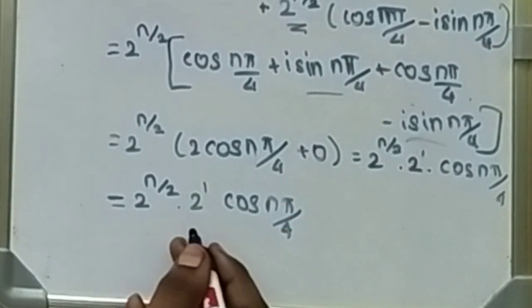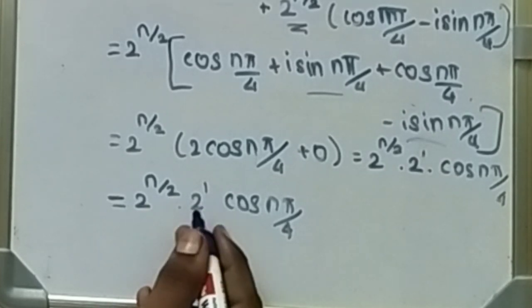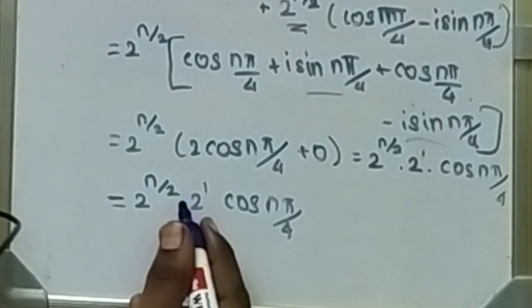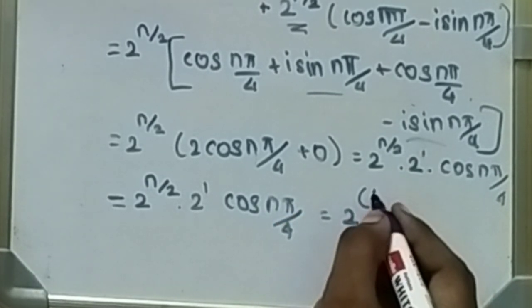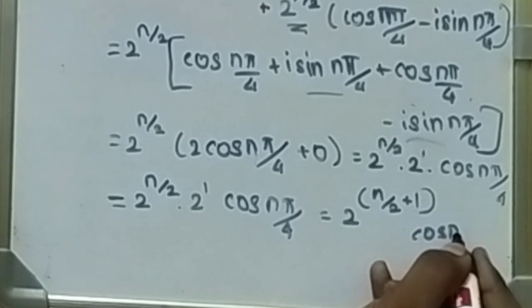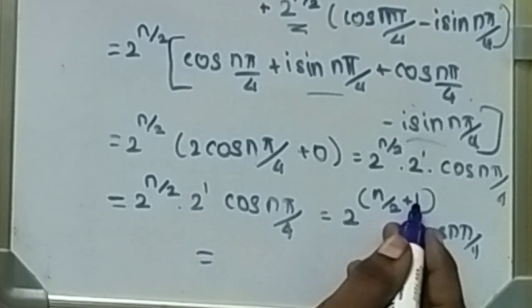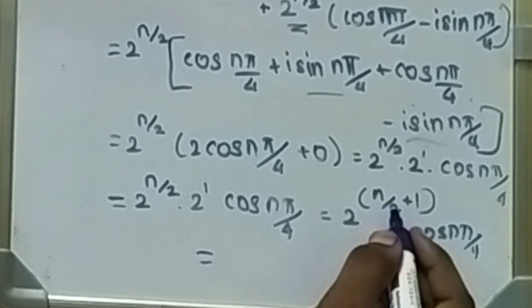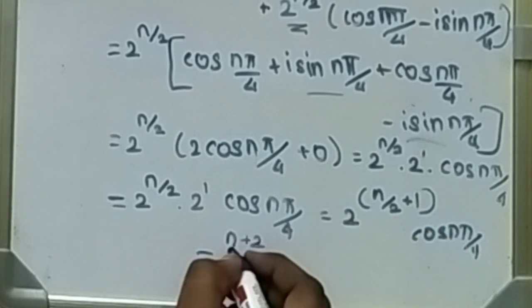So we have two terms with different powers, 2 power n by 2 and 2 power 1. Here both their bases are the same, so we are going to add the powers. So 2 power of n by 2 plus 1, cos n pi by 4. We are going to cross multiply this, so it will become n plus 2 divided by 2.